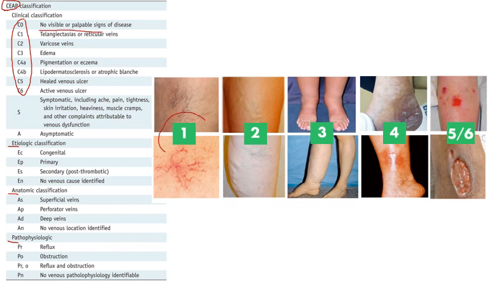But with 1, you'll have these small reticular veins in the skin. This is mostly a cosmetic problem. 2 just means that you have dilated varicose veins and there is a reflux, not necessarily causing any problems. Most of these patients will just denote that it's a cosmetic issue.